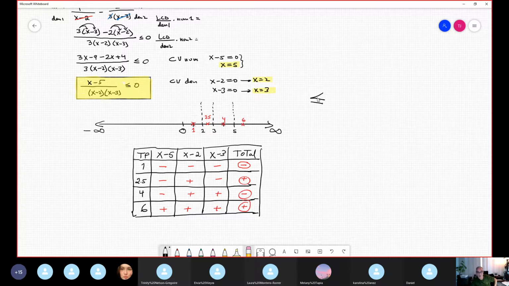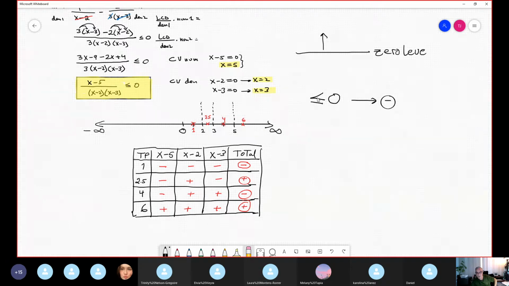Less than or equal to 0 means that the true guy in this table is the negative guy. See, greater than is positive. Okay, this is 0. To be greater than 0, positive, so above the 0 is positive, and below, suppose that is the level of the sea. Under the water is negative and over is positive.